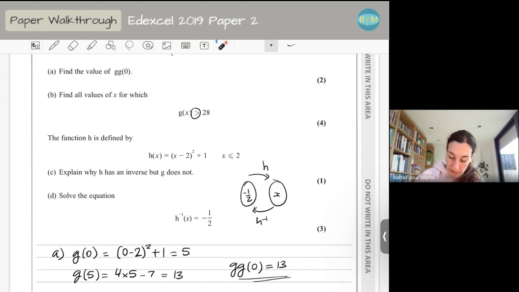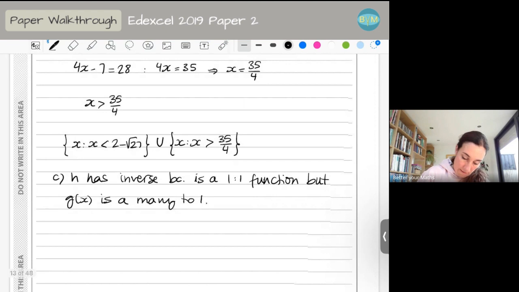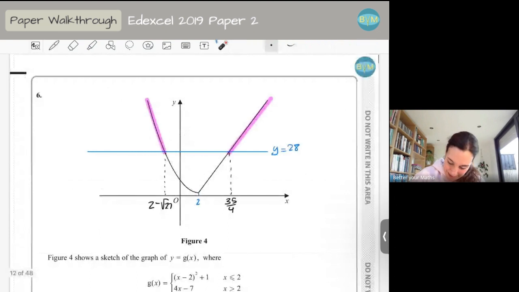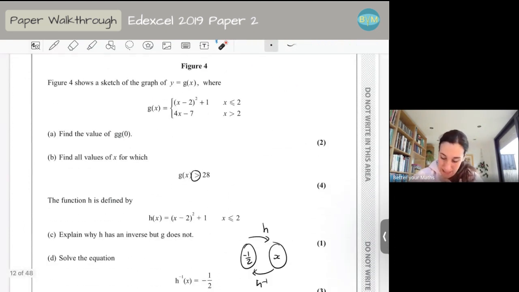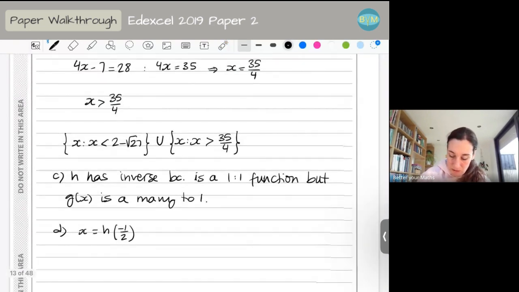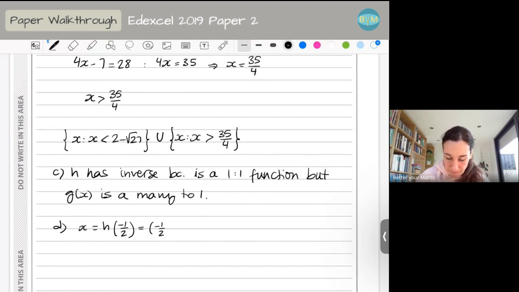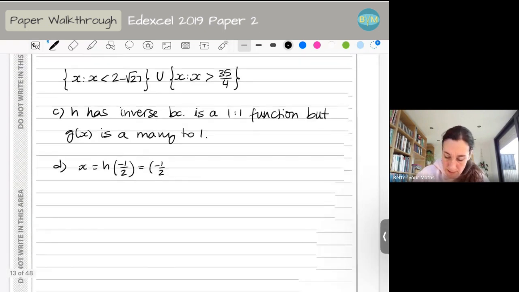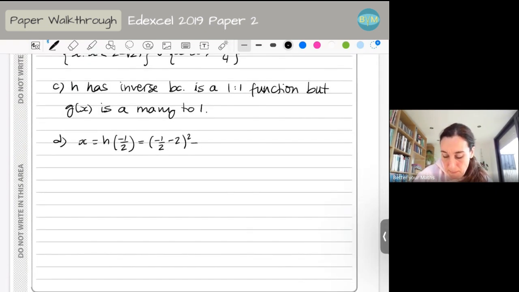So x is going to be h of minus a half. I'm just doing that kind of forward, backward. So h of minus a half. I'm just going to substitute here. So minus a half minus 2, squared, plus 1, which is minus 5 halves squared plus 1.